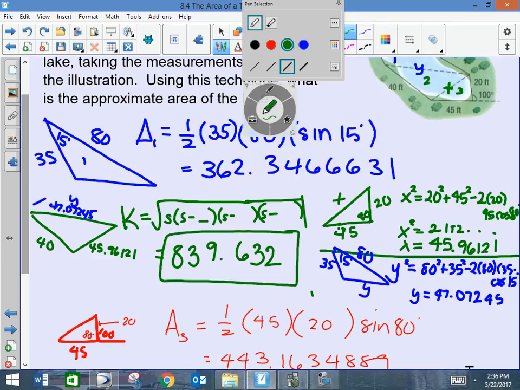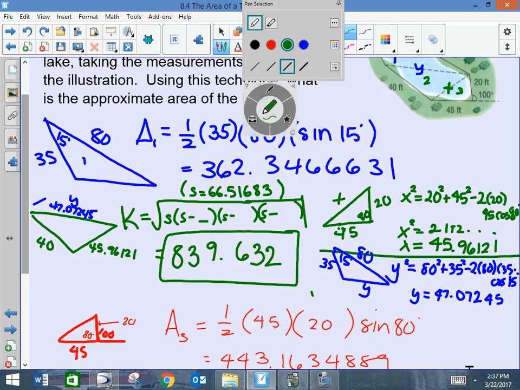Okay, what'd you get for S? 66 point. That's the one I stored.